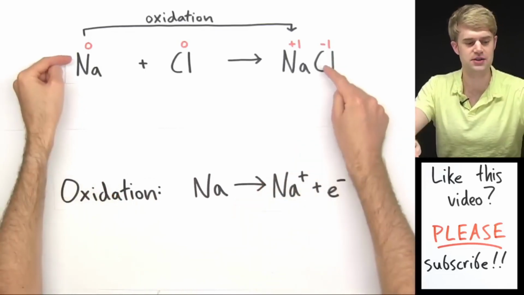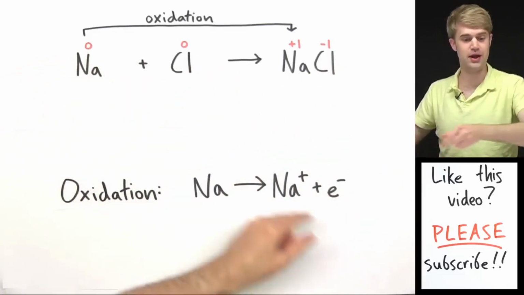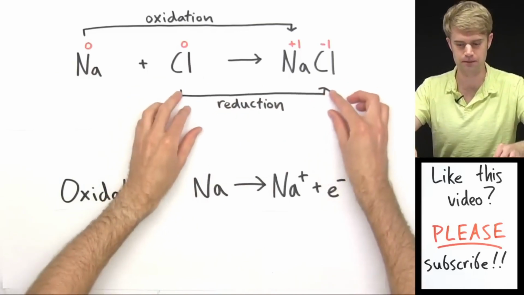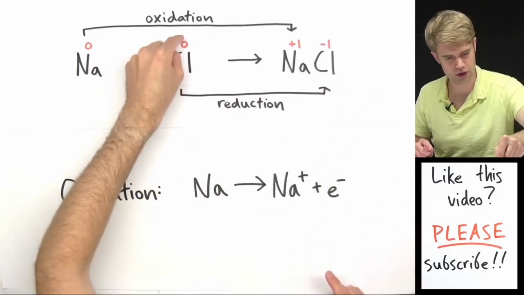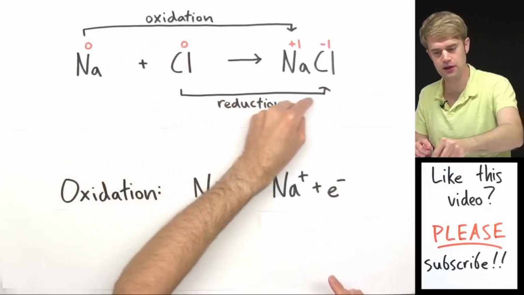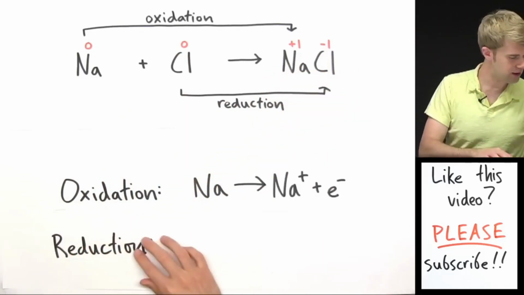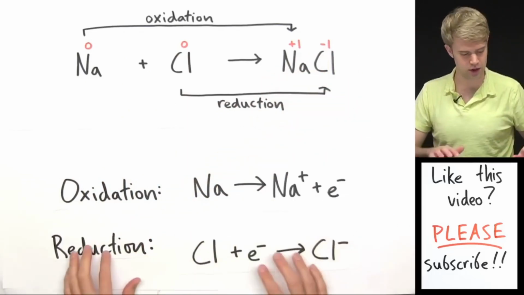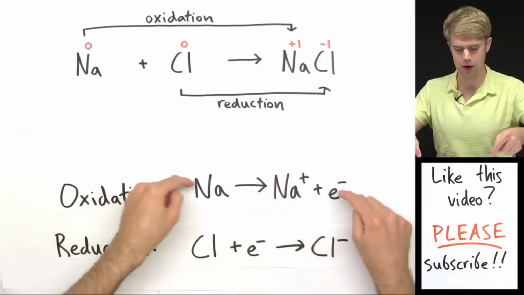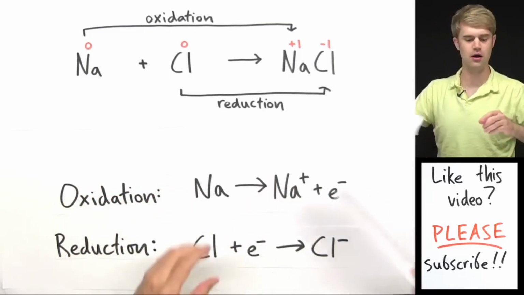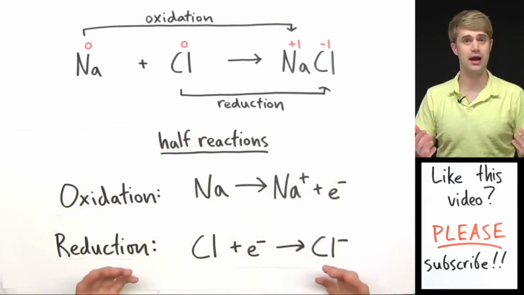The other process that's going on in this reaction here is the reduction of chlorine. Chlorine starts neutral at 0, it gains an electron, and it ends up as Cl1-. And here is the equation for the reduction of chlorine. Now, these two equations down here are called half reactions.